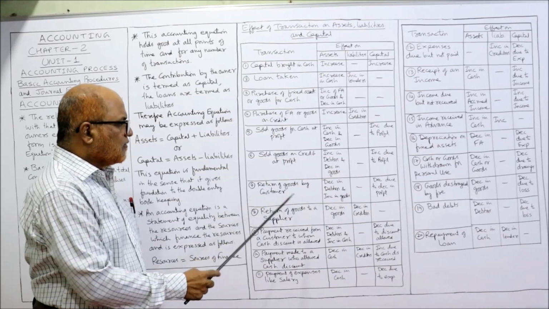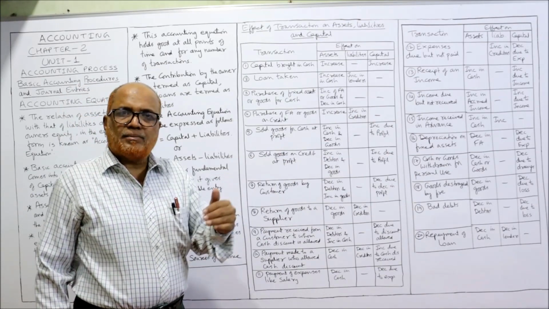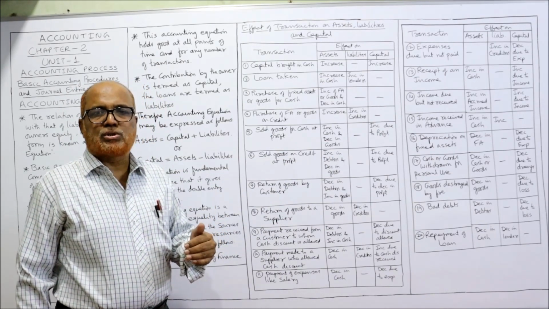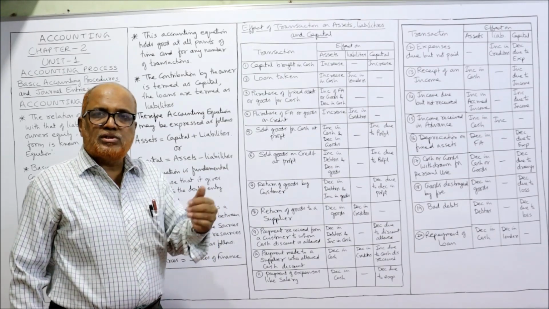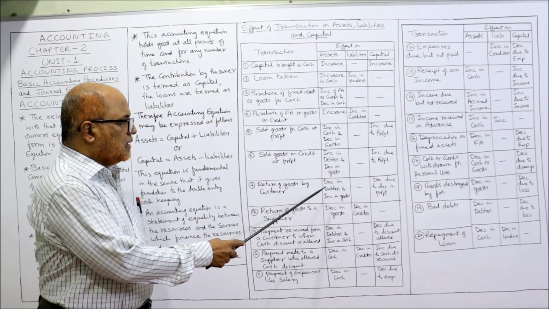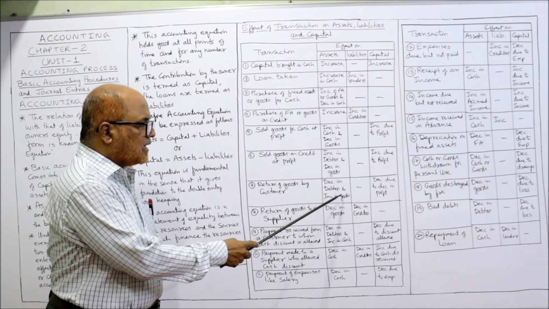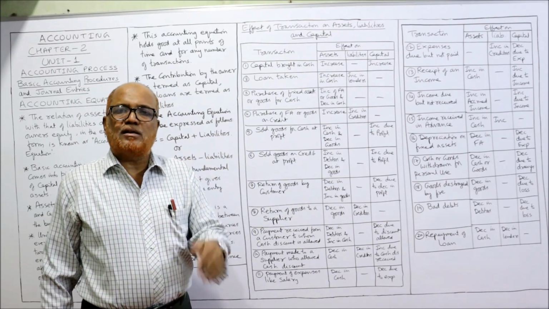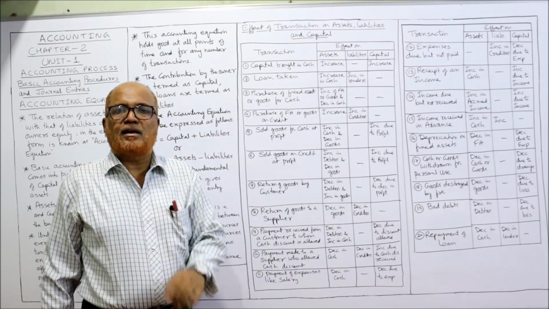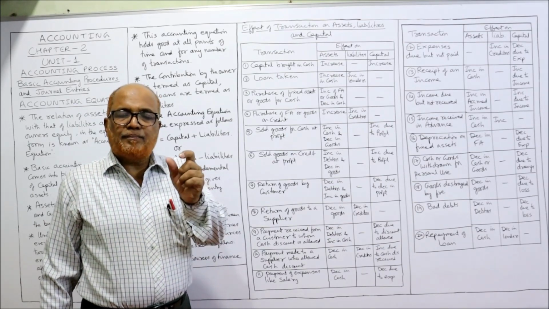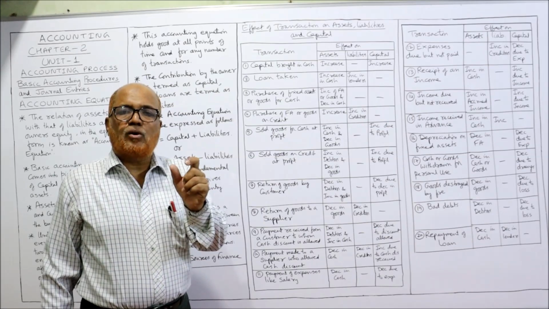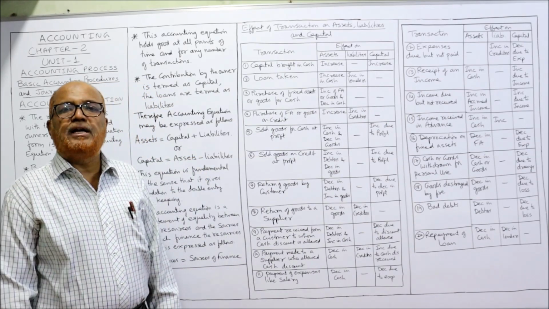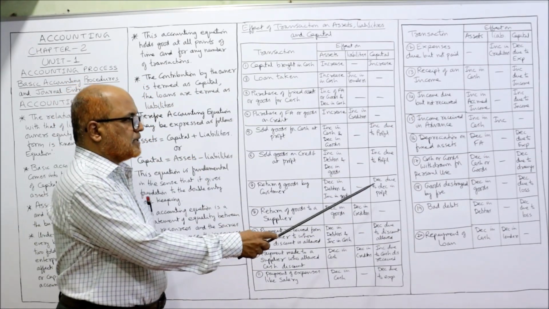Next, return of goods by the customer. The customer has returned the goods. Then what will happen? Goods are coming in. So decrease in debtors and increase in goods. Goods are coming in, so goods will increase, but debtors will get decreased. But the profit included in sales return will be deducted from capital.